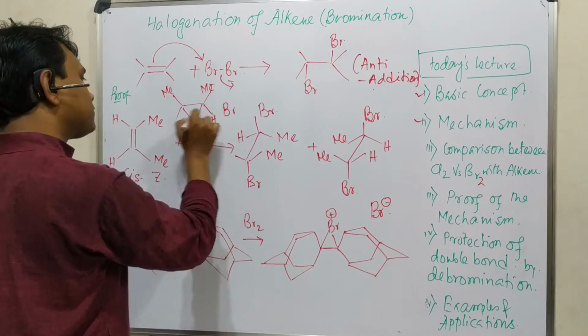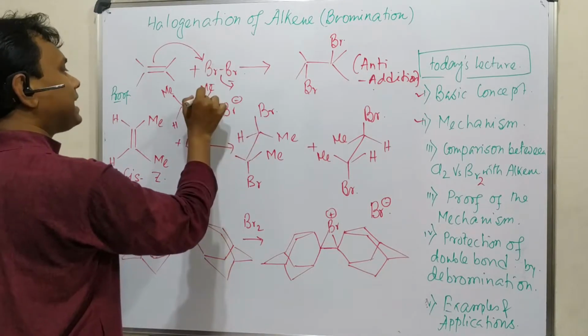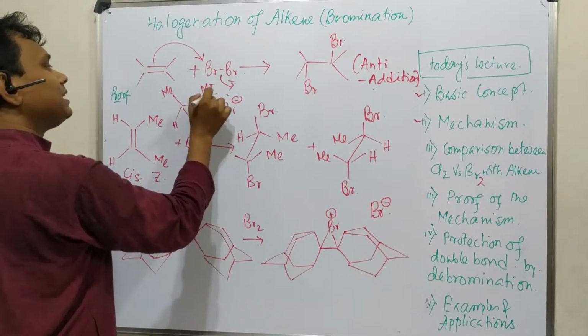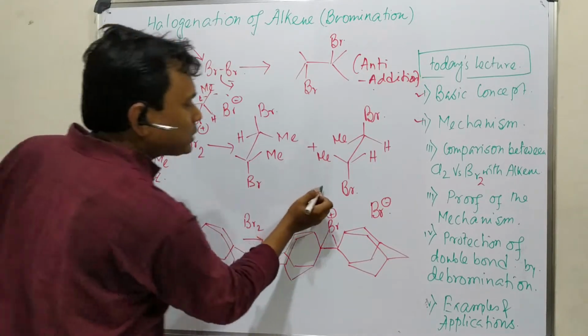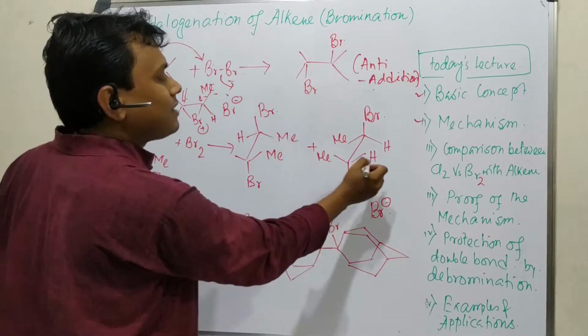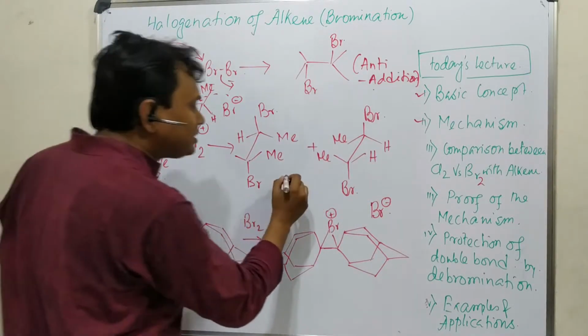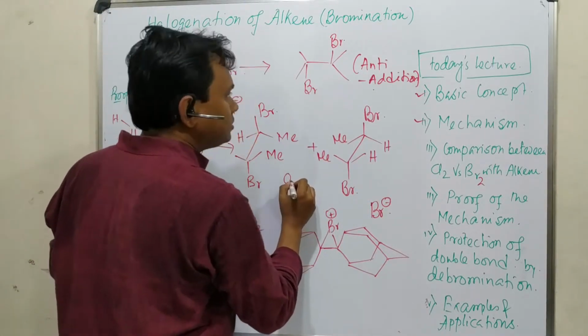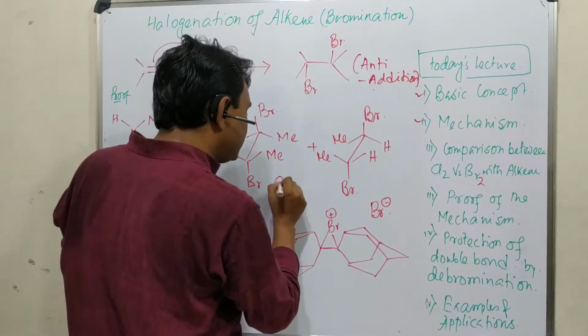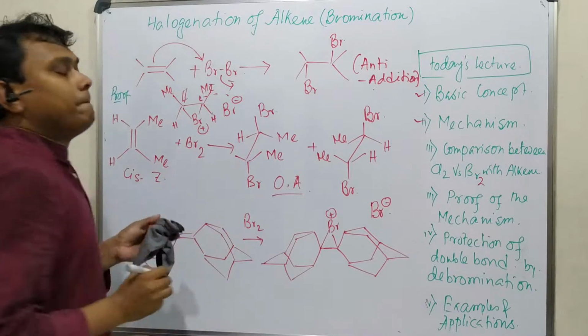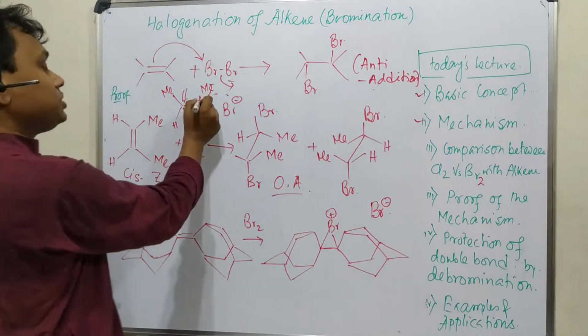I am not focusing on that. So this bromine can attack this center or this center, whatever. Based on that, two products will be produced, this and this. They are optically active, because of this two-position attack.